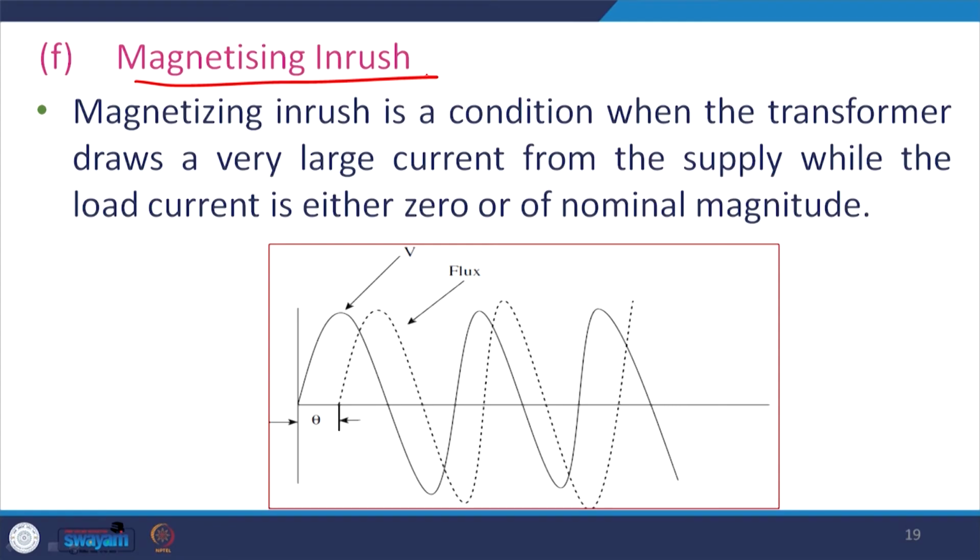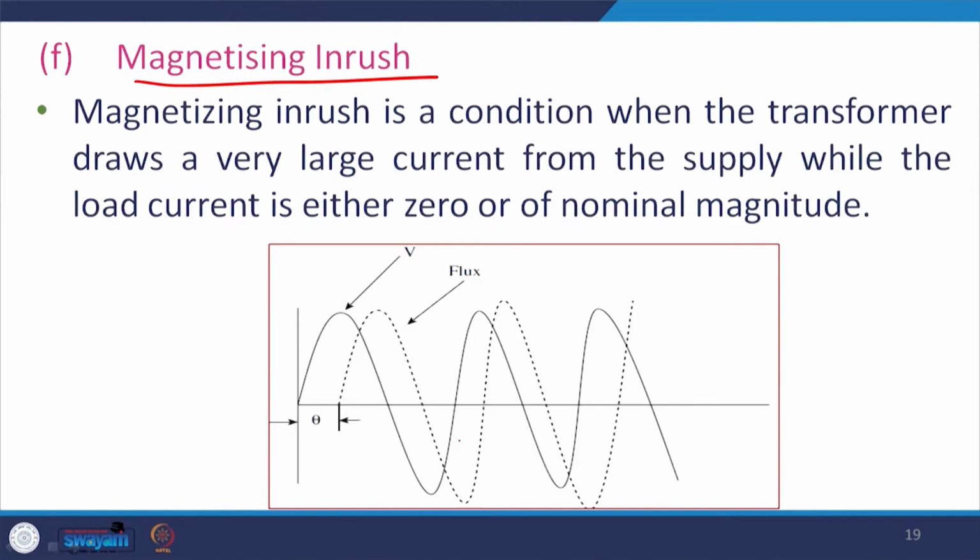Keep in mind this inrush current is not a fault. However, its magnitude may be 5 to 10 times the full load current of the transformer. So, whatever relay we connect treats such a phenomenon as a fault, but actually it is not a fault, because it is going to die down once the normal condition is established in the transformer.